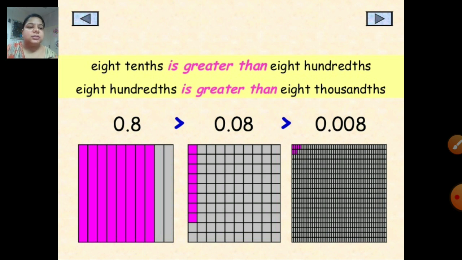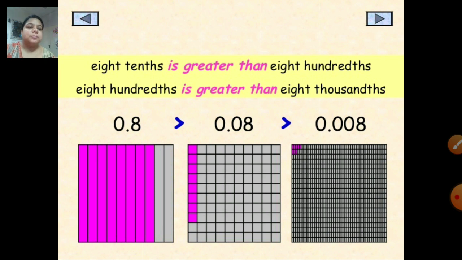So 8 thousandths is the smallest and 8 tenths is the greatest. While comparing decimals, first of all you compare the tenths place of each, if the whole part is the same. Here in these three numbers, the tenth place is 8, 0 and 0. So obviously 0.8 is greatest of all.